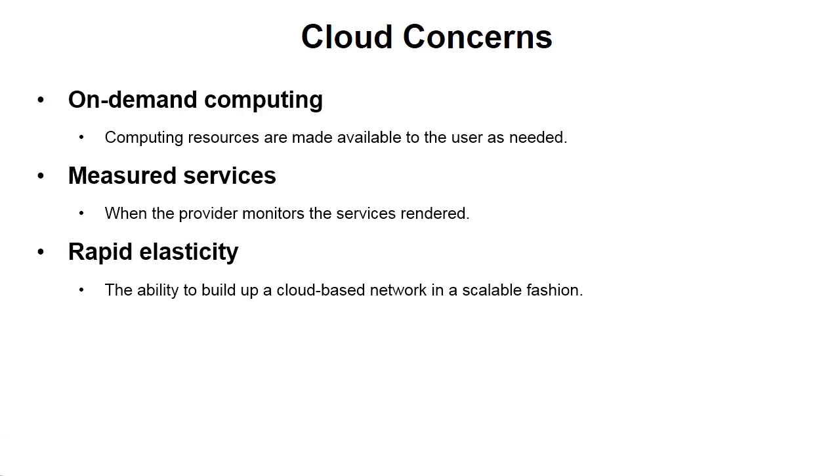Individual users might need more resources over time, and the entire company as a whole might need more resources as time goes on. That on-demand computing needs to be elastic. It needs to be pliant so that it can stretch to provide for the user's growth and for the company's growth.